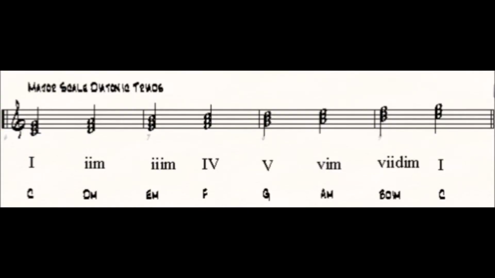1, C major, D minor, E minor, F major, G major, A minor, B diminished, and then C. Okay? And I ran through 1 chord progressions, 2 chord progressions, and 3 chord progressions.